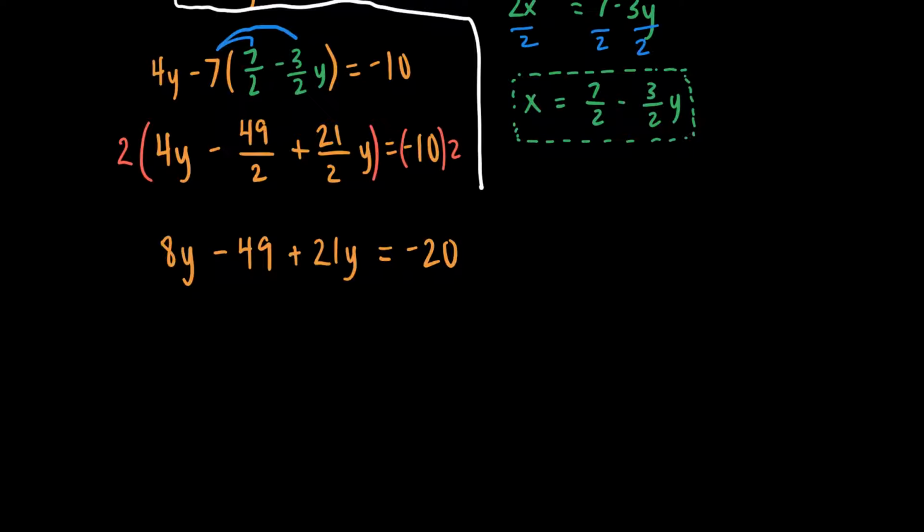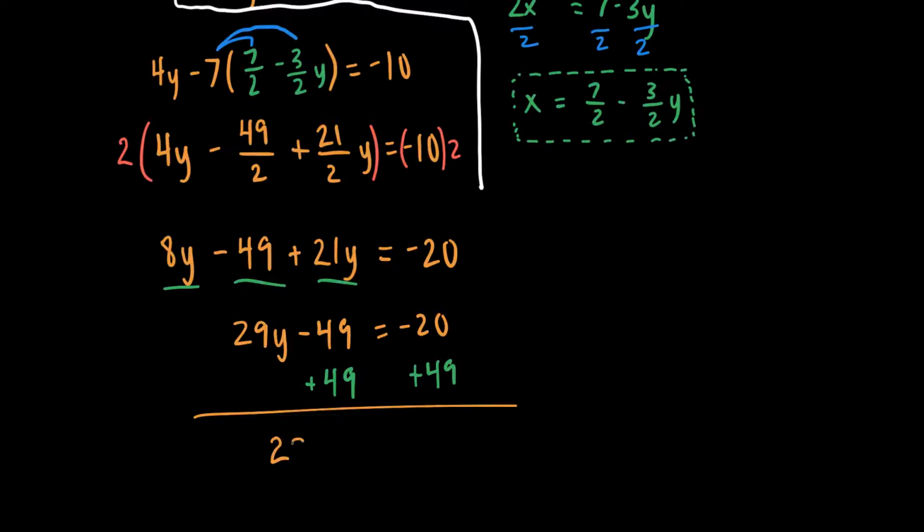So let's see. We have 8y and 21y. So that's 29y minus 49 is equal to negative 20. And then we'll add 49 to both sides. And we'll get 29y is equal to negative 20 plus 49 is 29.